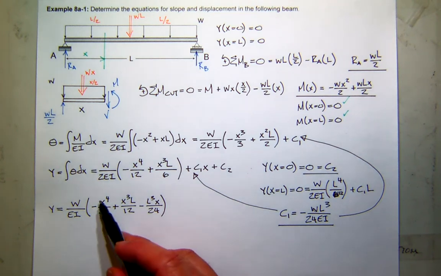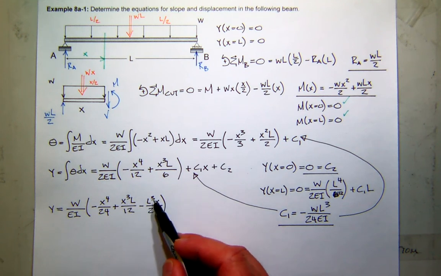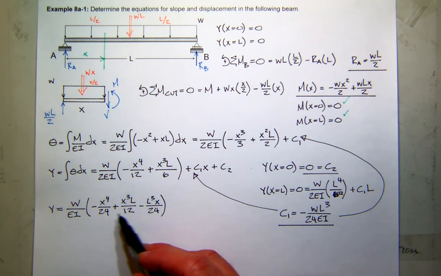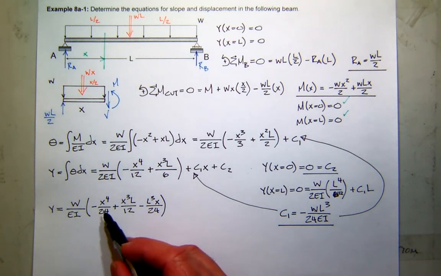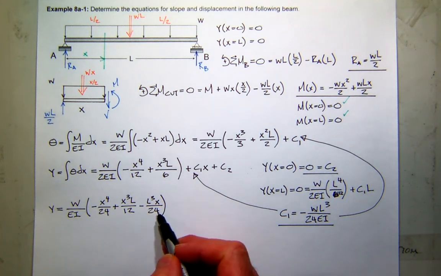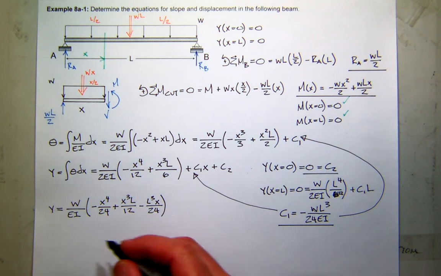You'll notice that the numerators all have the same term. So that's linked to the fourth, that's linked to the fourth, and that's linked to the fourth. So the terms all have the same order in terms of their units. x is length, L is length. Now you'll see that they've got really a common denominator there. In fact, I'm going to pull the 24 out now.